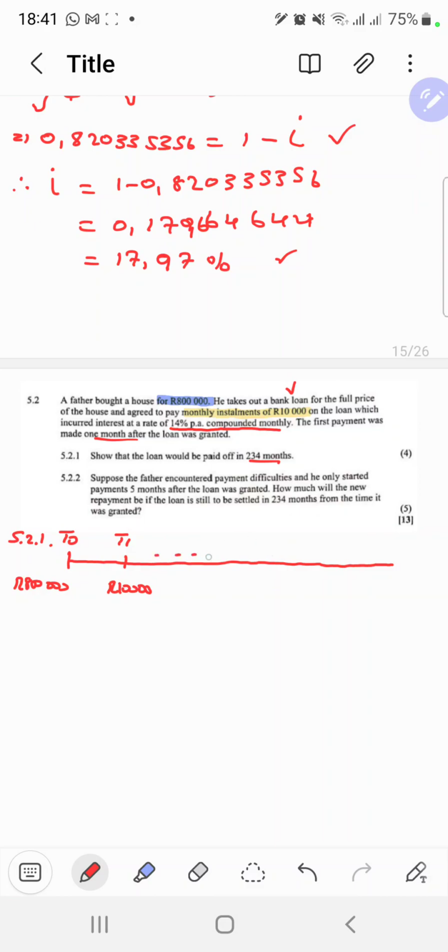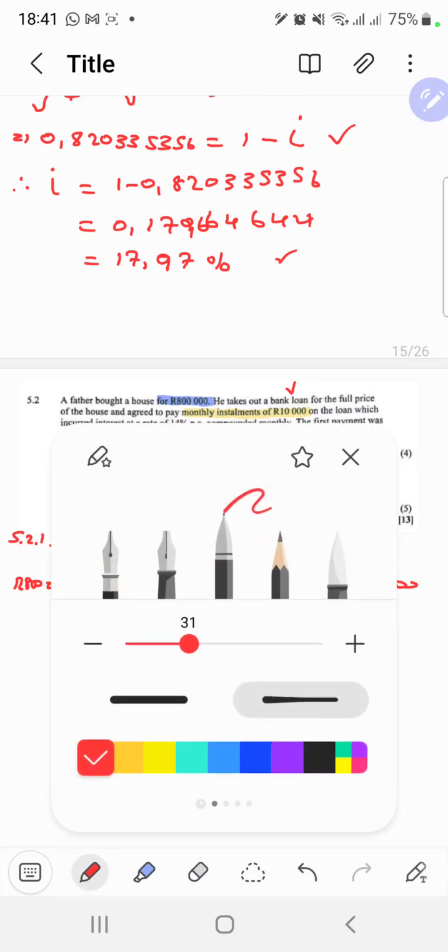And then, of course, this continues all the way until here, Tn minus 1, and then Tn. You know almost the arithmetic sequences here. So even here, you're still going to be paying 10,000. Okay, so that is our timeline over there.